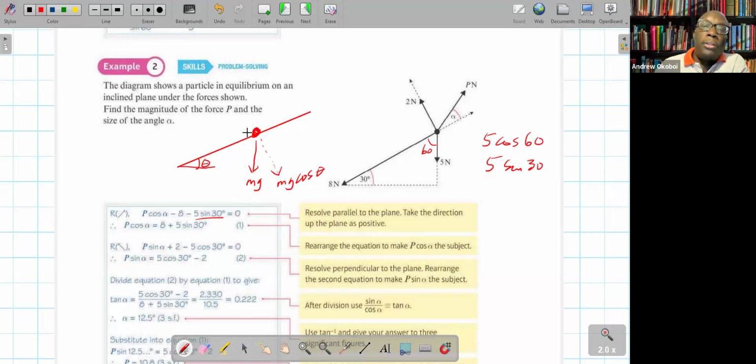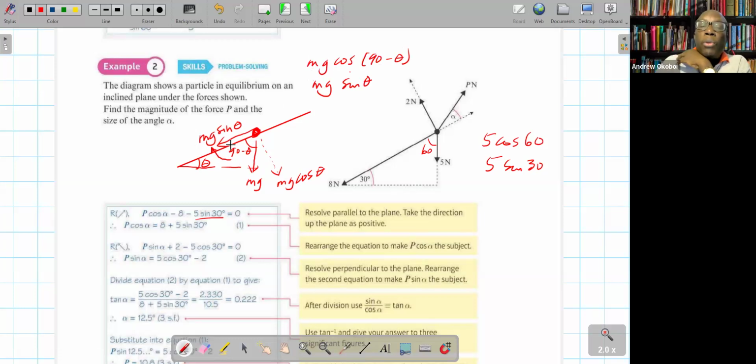And this one here, which is parallel to the plane, becomes mg sine theta. Now there's a reason for that. This angle here is 90 minus theta. So if we pass through it, it's the same as writing mg cos 90 minus theta when we're going this way. Now, cos 90 minus theta is the same as sine theta, and so we just shorten it and say, okay, it's mg sine theta.